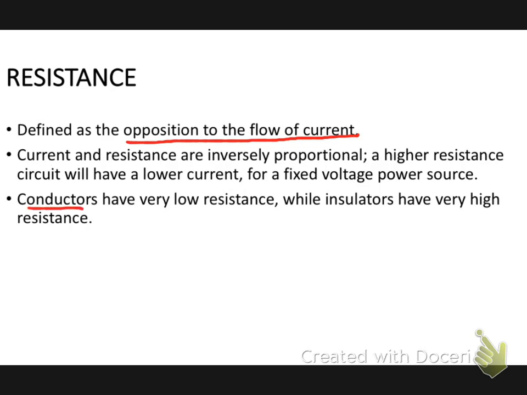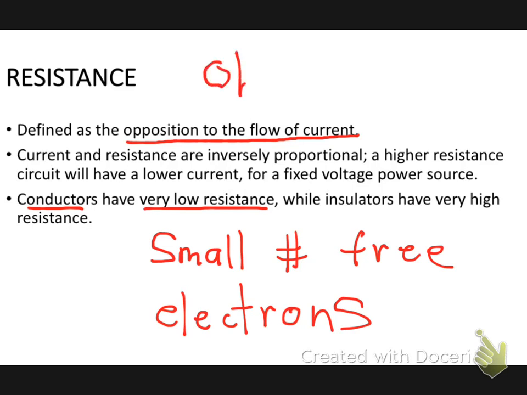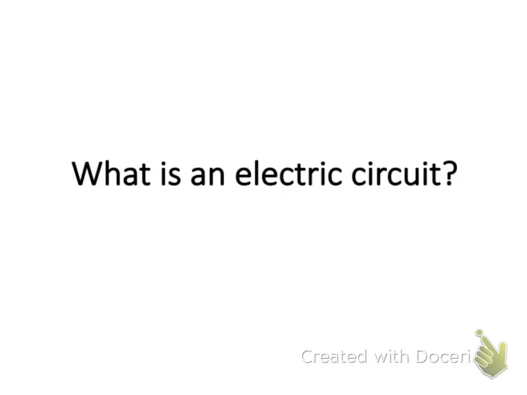Conductors, which we've looked at, like copper, have very low resistance because they have a small number of free electrons. The base unit of resistance is the ohm, and we very commonly simply use the omega symbol for resistance like that.